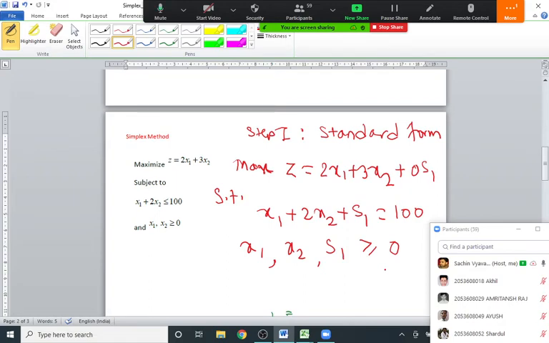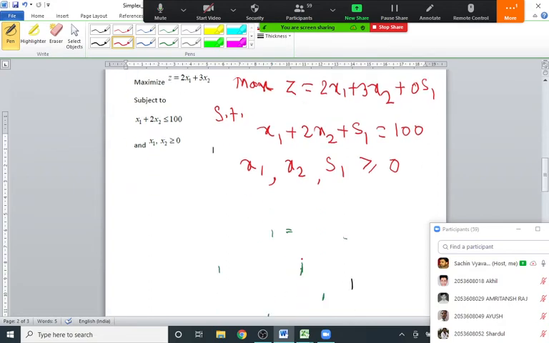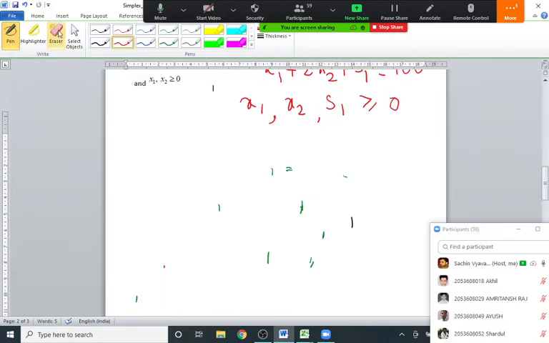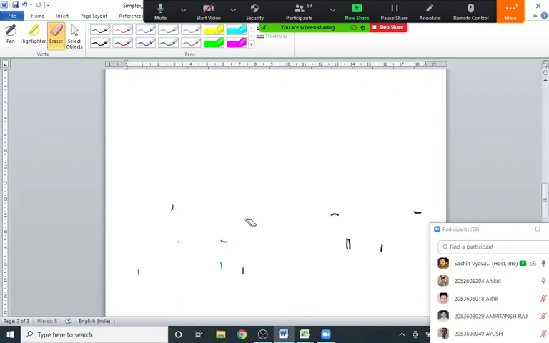Any doubt in writing the standard form? No, sir, no doubt. Okay, very good. We can also define the slack variable, but there is no need to write anything about the condition or the algorithm, what a slack variable is, or what we are doing.